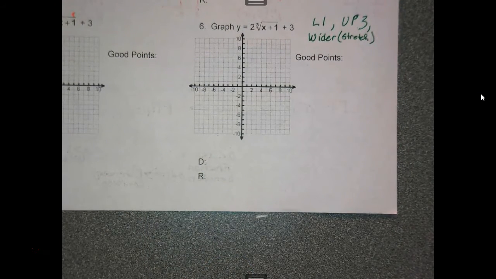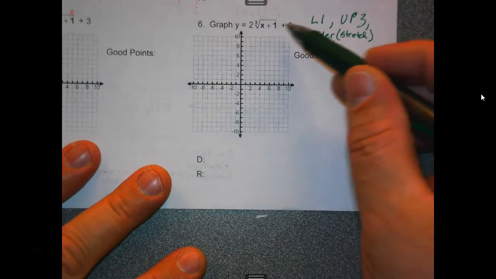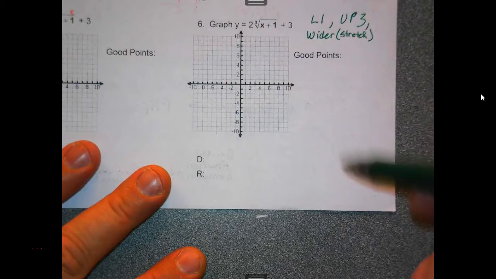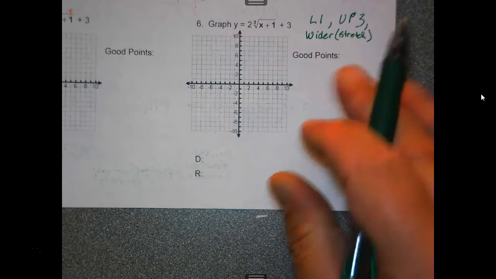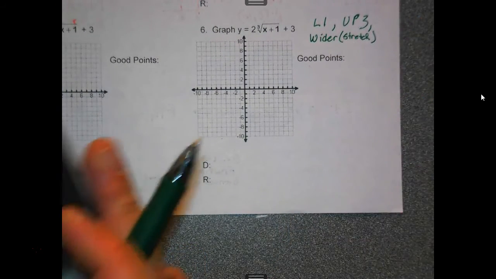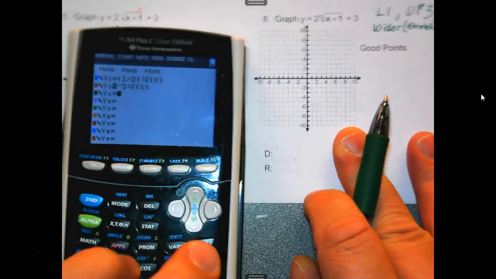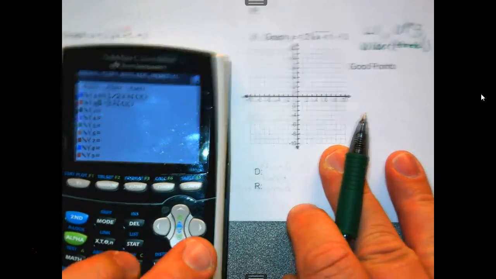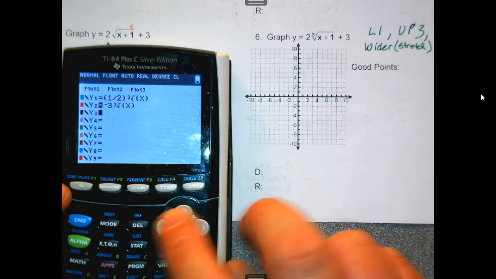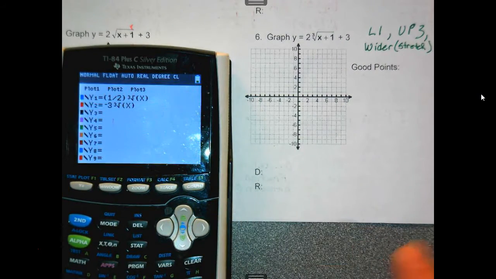Now, you could make a t-chart and choose X and figure out every Y. What's going to be easier? That's right. See, you guys are learning. That's what you're supposed to do in this institution. Okay, I'm going to put in 2. Math 4 brings up the cube root. X plus 1.